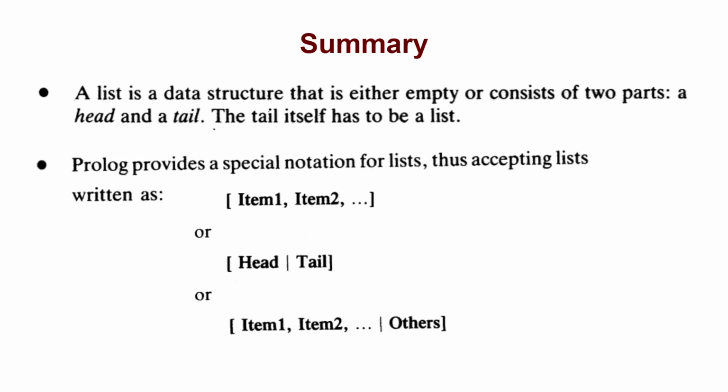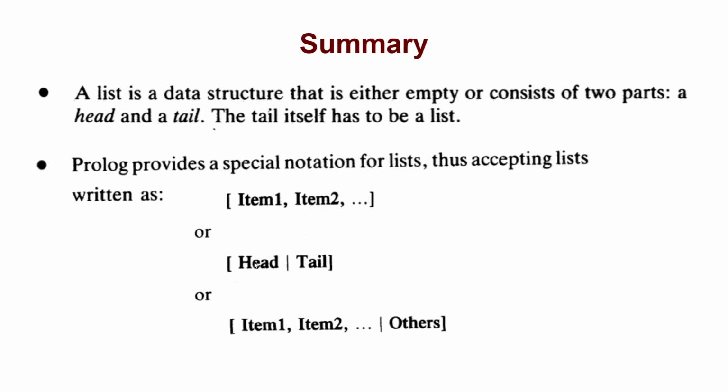So finally, let's summarize all the knowledge. A list is a basic data structure that is a sequence of elements. It is either empty or it consists of two parts: the head of the list, which is the first element of the list, and the tail, which is the remaining list. So the tail itself has to be a list. Prolog provides us a special notation for lists with the vertical bar.